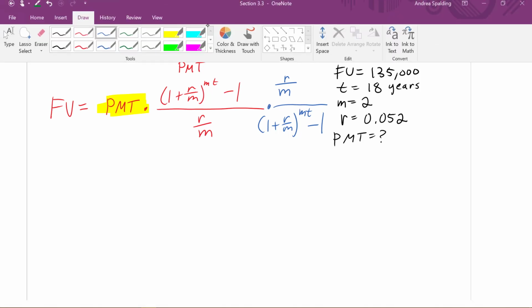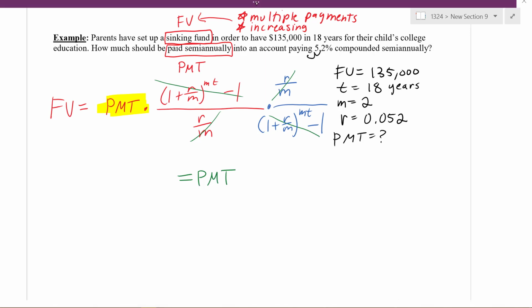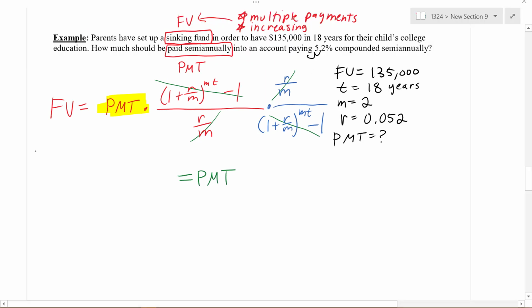When we do that, the top and the bottom of these fractions cancel, and we're left on the right-hand side with just payment. Now if I multiply by the reciprocal on the right side, I also have to multiply by the reciprocal on the left side. So we're going to have future value times that reciprocal fraction. I'm going to write that flipped fraction right here, being multiplied times our future value.